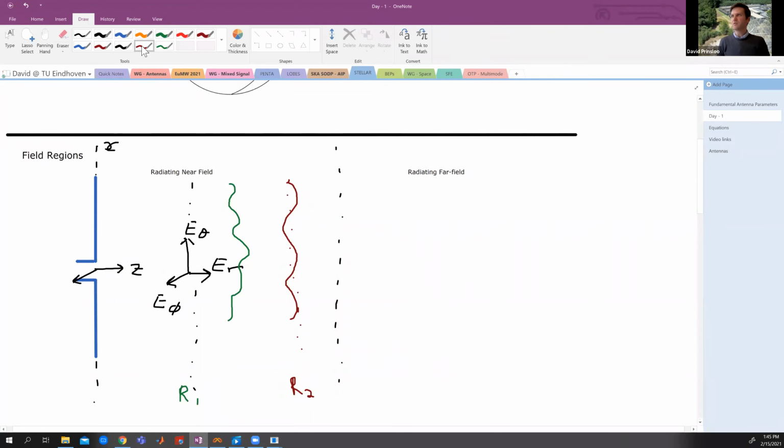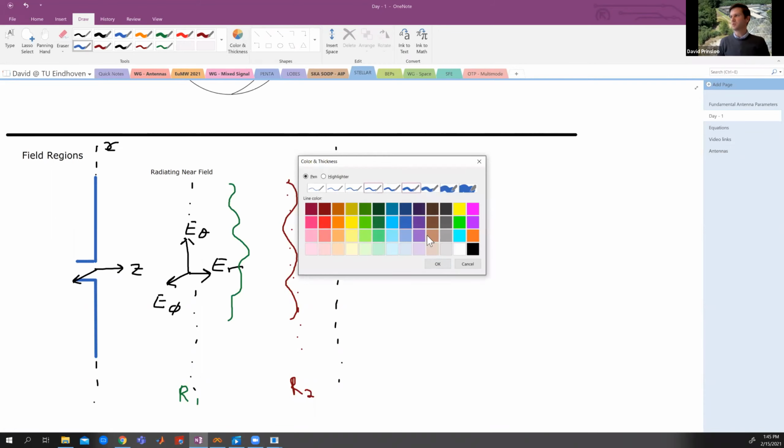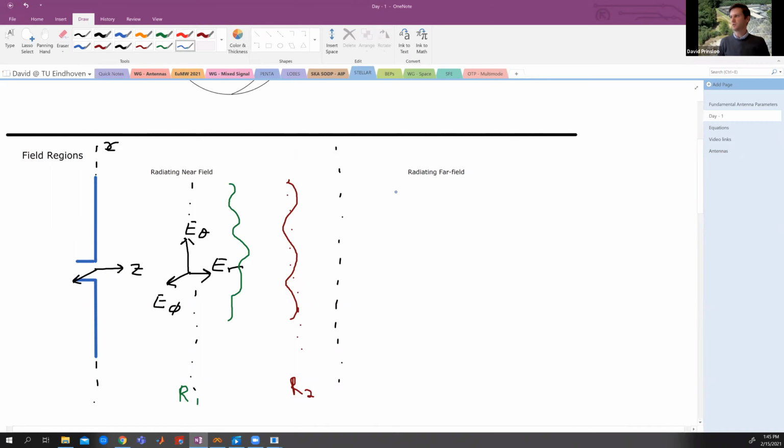It's only in the radiating far field that your antenna shape really stabilizes and you have your typical beam pattern at a certain radius.